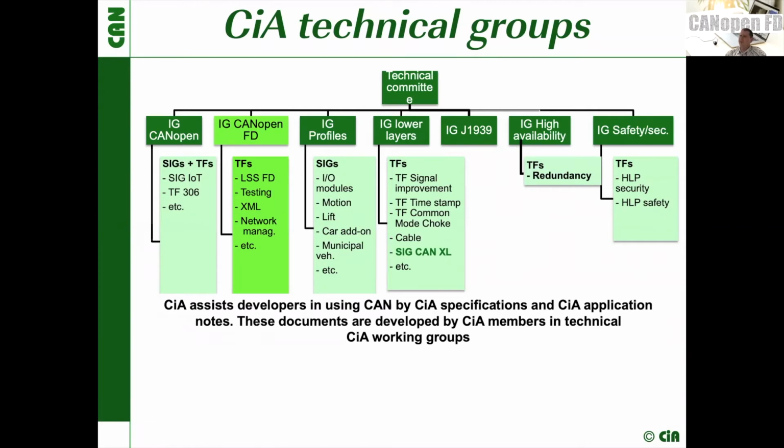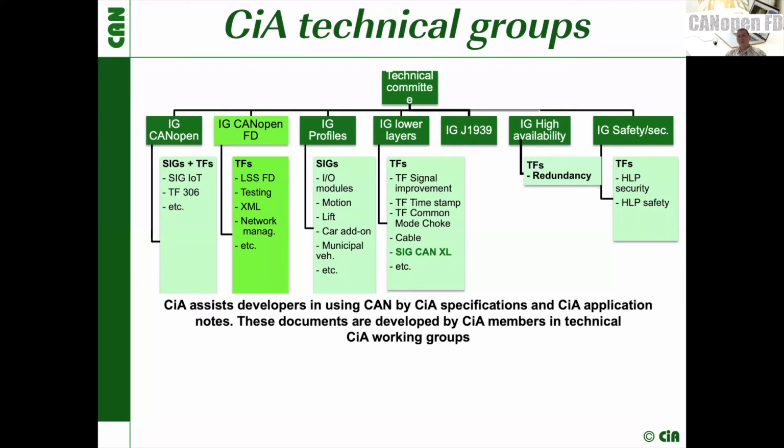And you see, we have there several interest groups where people need to maintain, for example, the CANopen specification. It's the IG CANopen. To develop and maintain CANopen FD related subjects, it's the IG CANopen FD, or to maintain J1939 based issues and to deal with them. So this is the IG J1939.